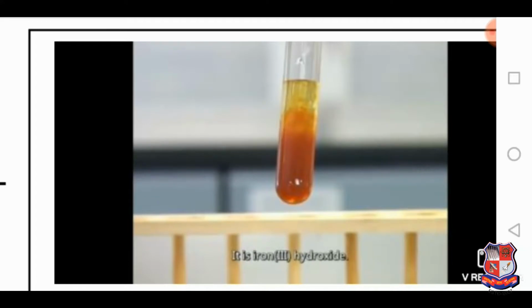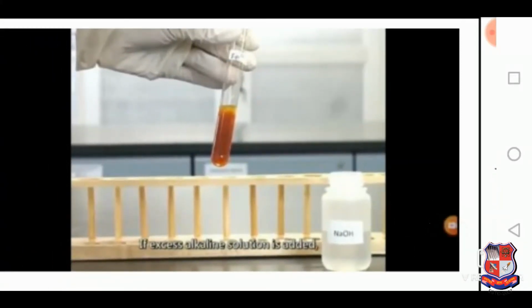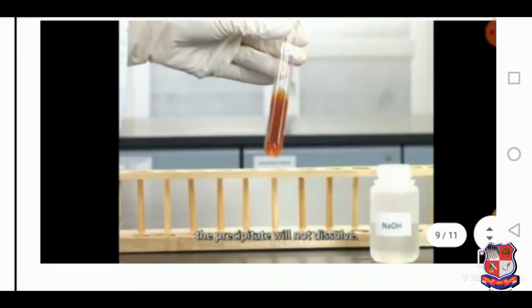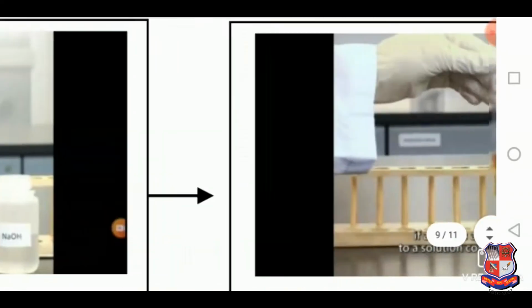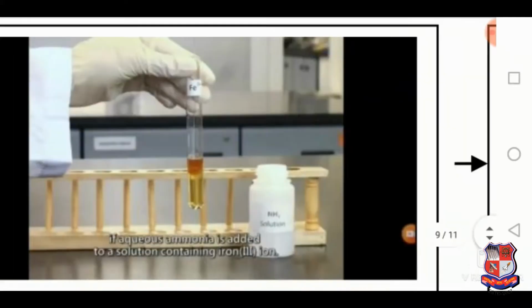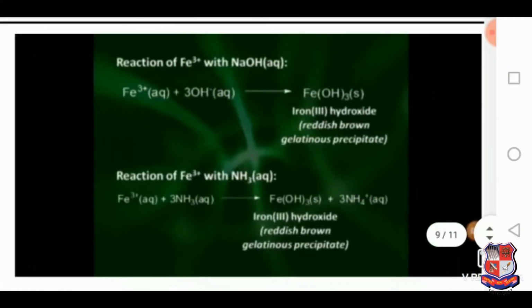It is iron III hydroxide. If excess alkaline solution is added, the precipitate will not dissolve. If aqueous ammonia is added to a solution containing iron III ion, this is a reaction of Fe3+ with NaOH and with ammonia.